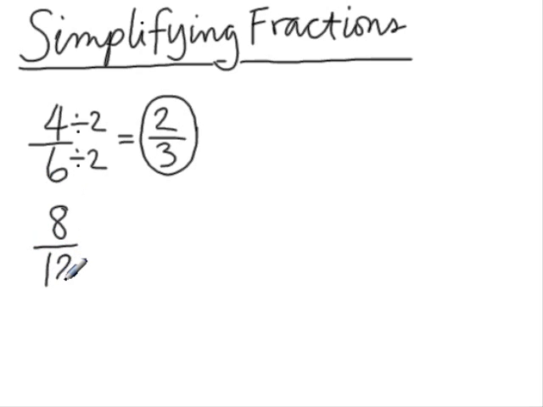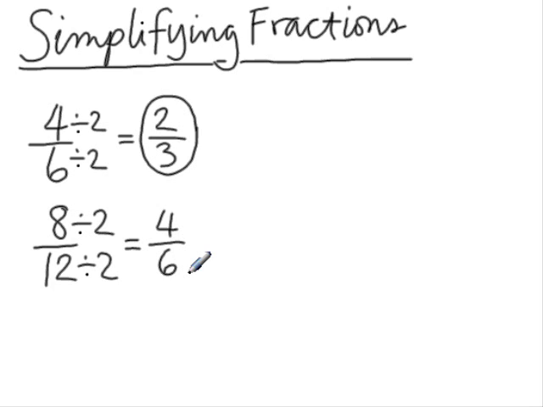Let's do another. 8/12. Well, what number will divide evenly into both of these? Well, 2 will divide evenly into both 8 and 12. 8 divided by 2 is 4. 12 divided by 2 is 6. Now we look at this fraction, 4 and 6.